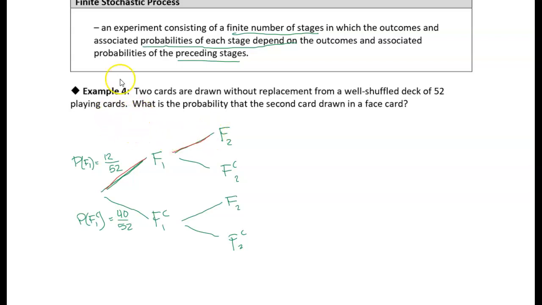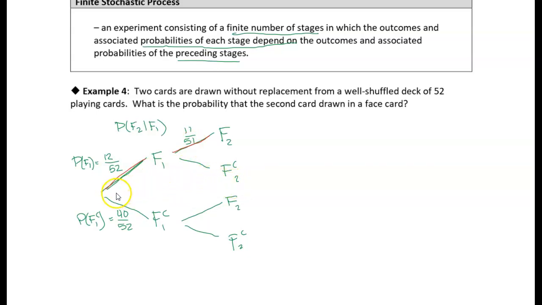This is going to be the probability of F2, drawing a face card on the second draw, given that F1 has happened. We have 11 face cards left out of now 51 cards, because we already drew 1 card and we're not putting it back.